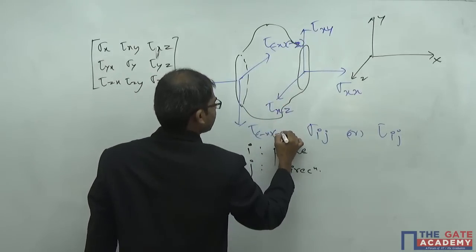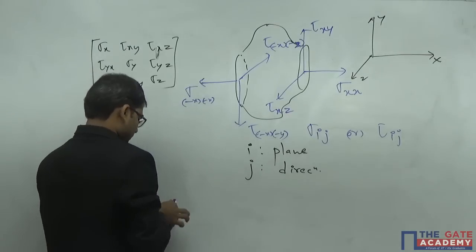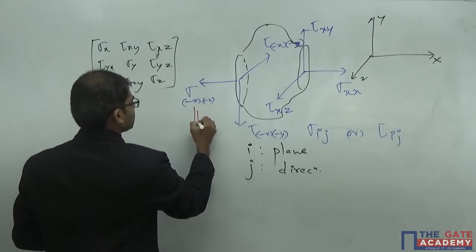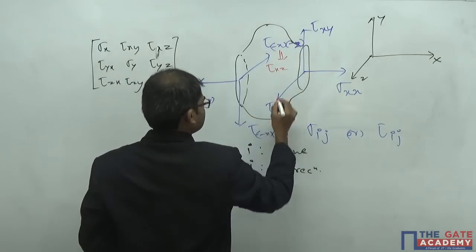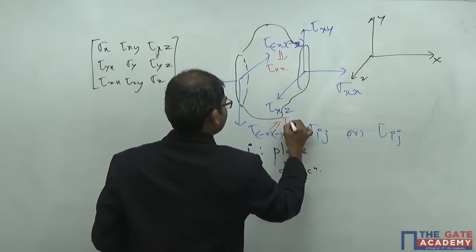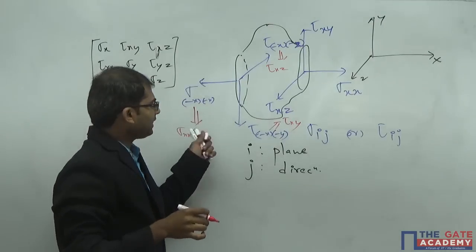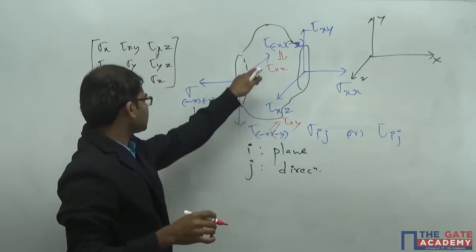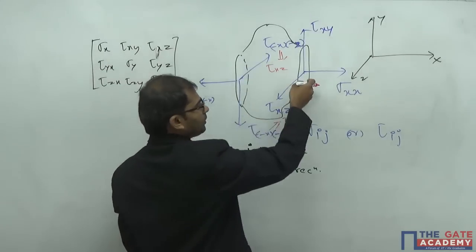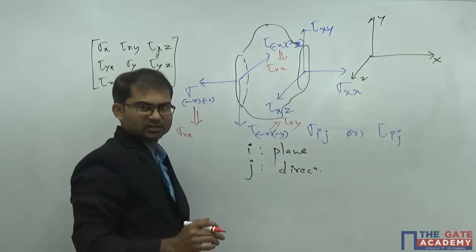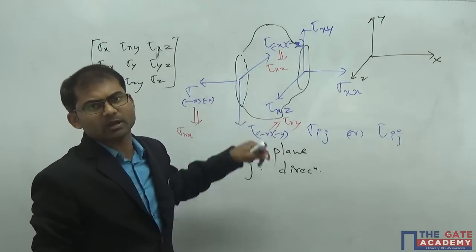Sorry, this is negative y. So the ultimate product will become sigma xx, this will become tau xz, this will become tau xy. To make the product positive, I have intentionally taken the directions to be negative. So on the positive planes, directions are taken in the positive directions, and on the negative planes, directions are taken along negative directions, so that the stress components become positive.